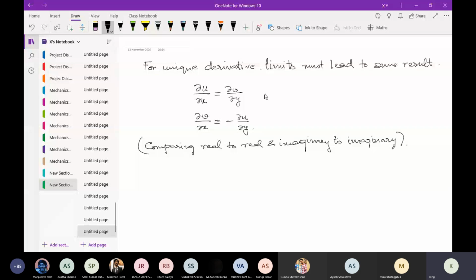and these are, anyone recalls this? What are these called? You have done your maths, you have done your fluid mechanics. Anyone?